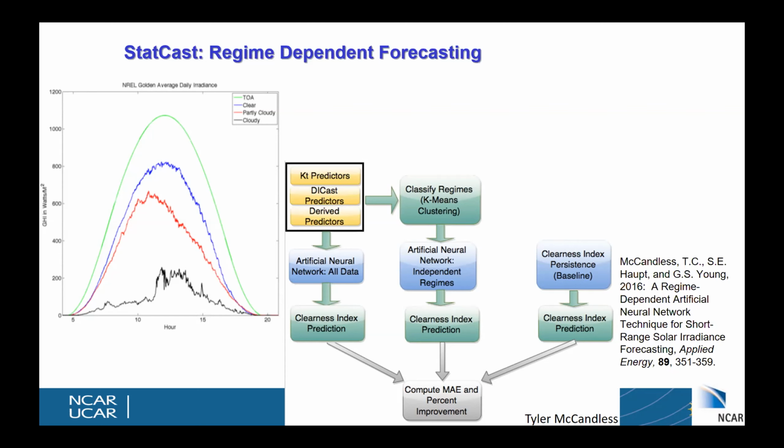Now, we used standard techniques, but we put them together in innovative ways. This work was mostly accomplished by Tyler McCandless at the time, where our baseline in this case is a clearness index persistence. A clearness index measures the amount of irradiance that reaches the surface divided by the amount that is at the top of the atmosphere.